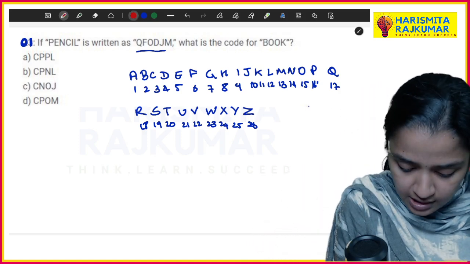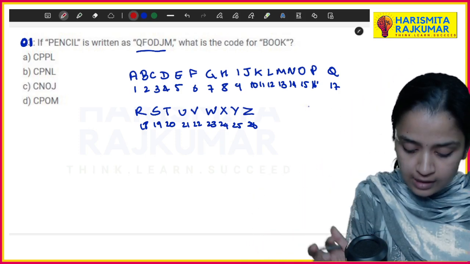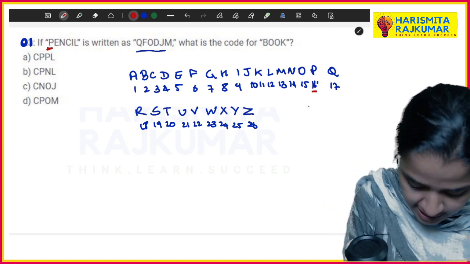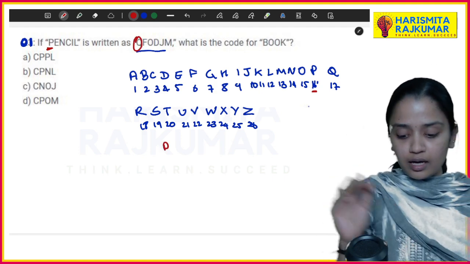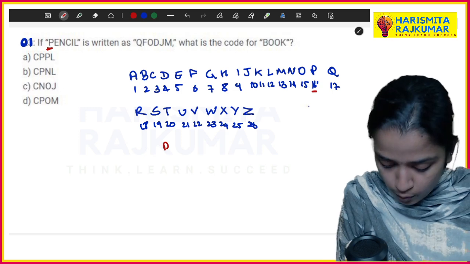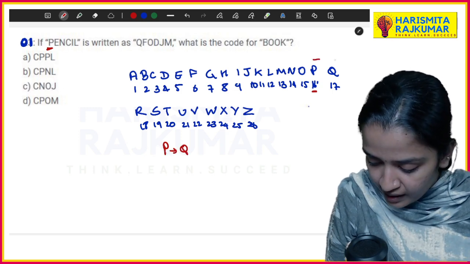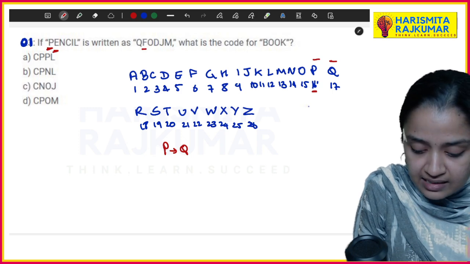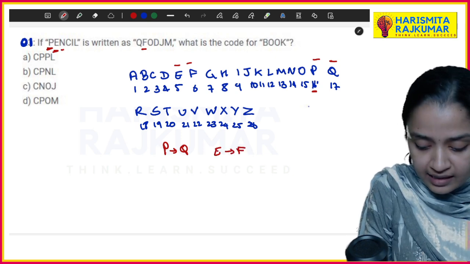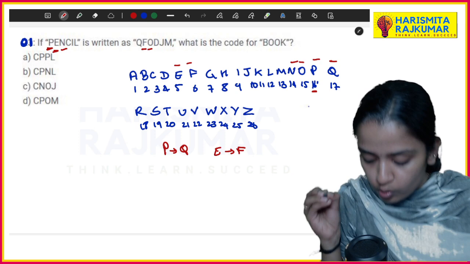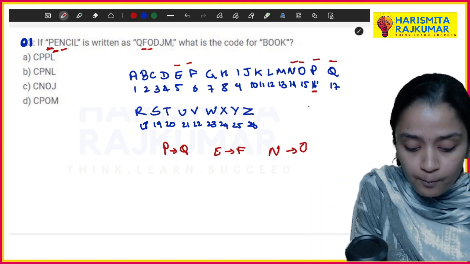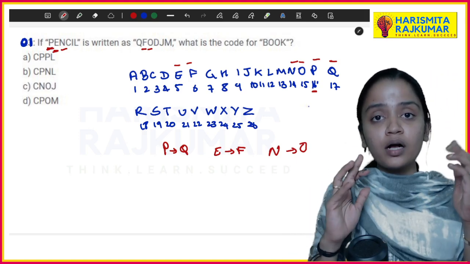So let me take a red pen for assigning this. In pencil, P is 16, and it is written as Q. So P is compared to Q. Next, E is compared to F. Then N is compared to O. So when you look at these terms, they are writing the letter plus 1.